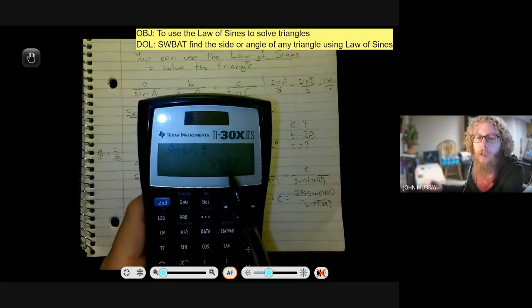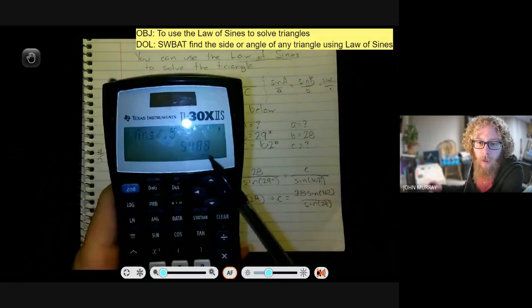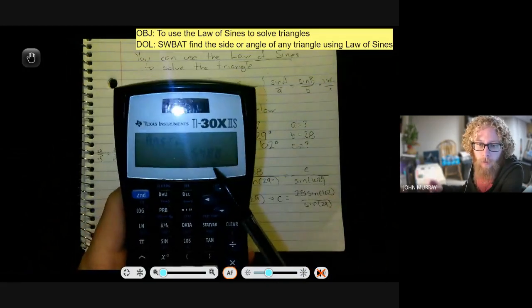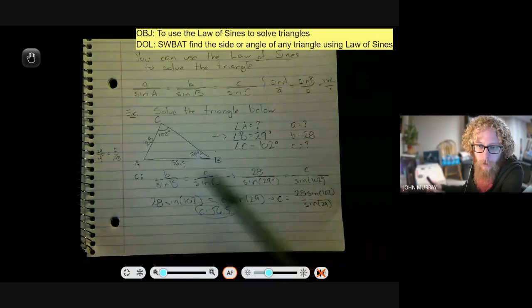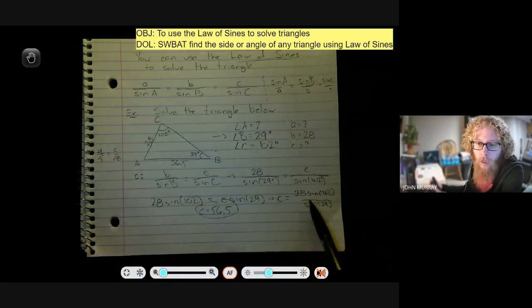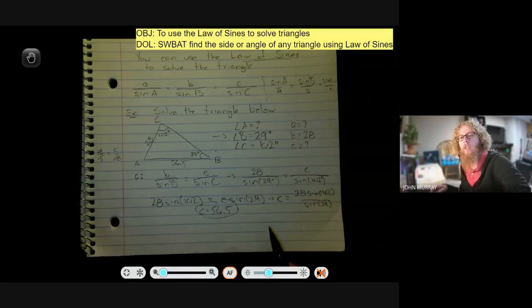But if you're trying to build a space shuttle and you came up with this and you're supposed to get that, then your space shuttle is probably going to blow up or something. So hold off the rounding until the end to be more accurate. Just be careful there. I just wanted to show you that.